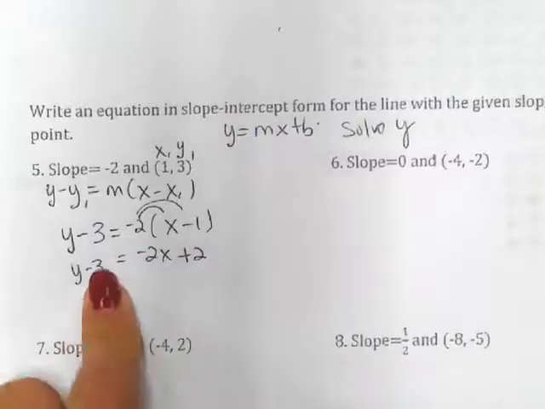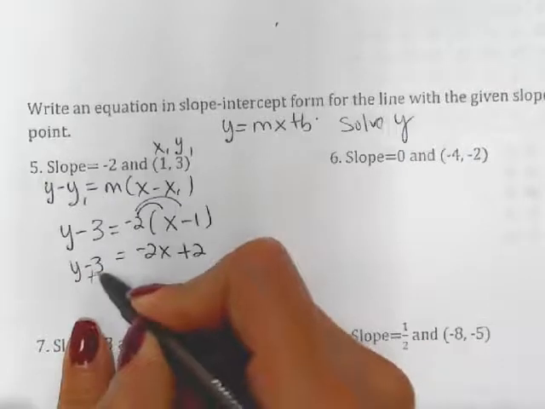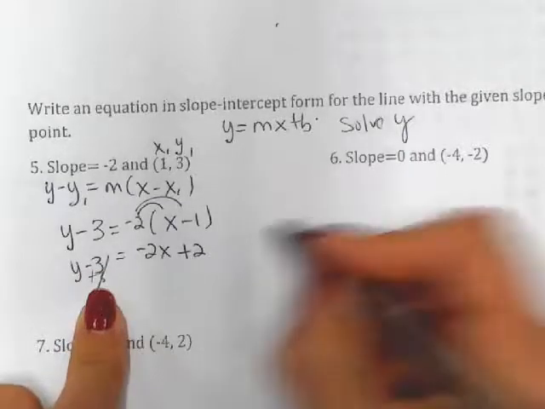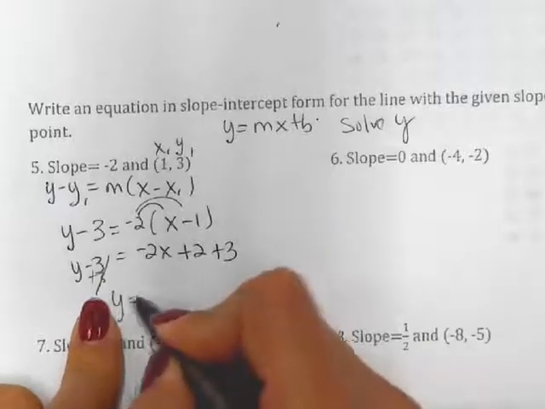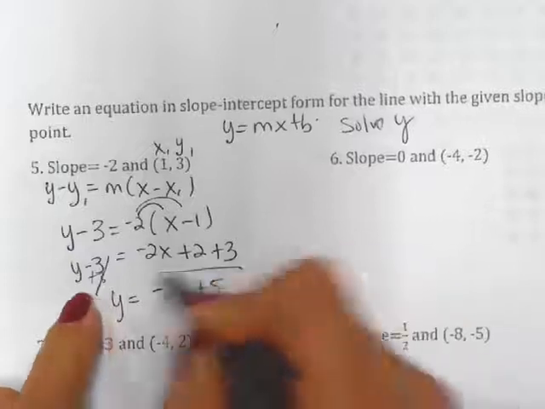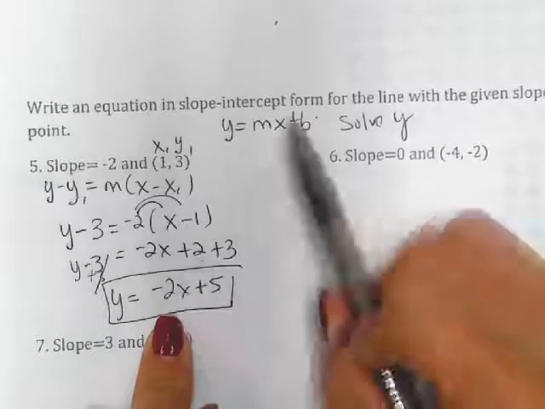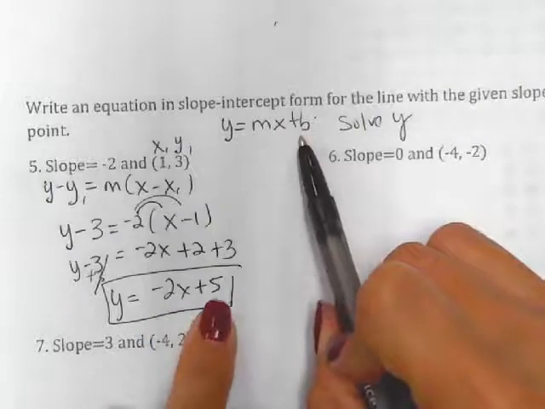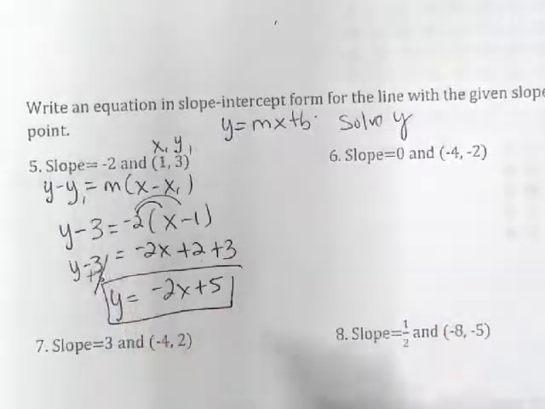And then I still have the minus 3 on the left side, so the opposite is to add a 3, so it cancels out. So add a 3 at the end over here. y equals negative 2x, and 2 plus 3 is positive 5. There is my equation in slope-intercept form. I can see the slope, the m, and I can see the y-intercept, the b. And that's what you're going to do from 1 through 8.